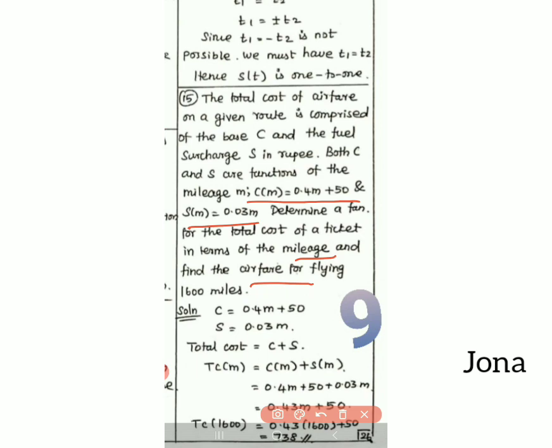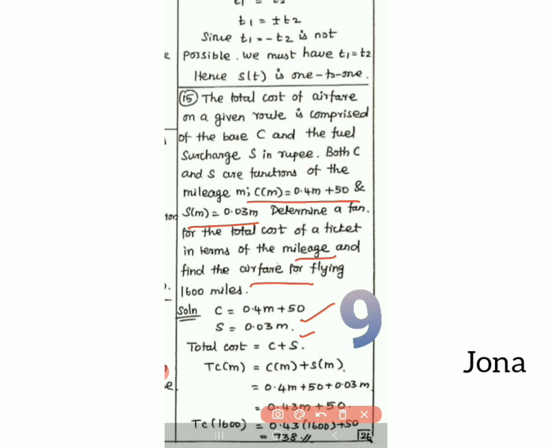Okay, here C is the base for the given route, and the fuel surcharge is S here. According to this we want to calculate the function. Here C of M, that is C equal to 0.4 m plus 50 and S equal to 0.03 m.